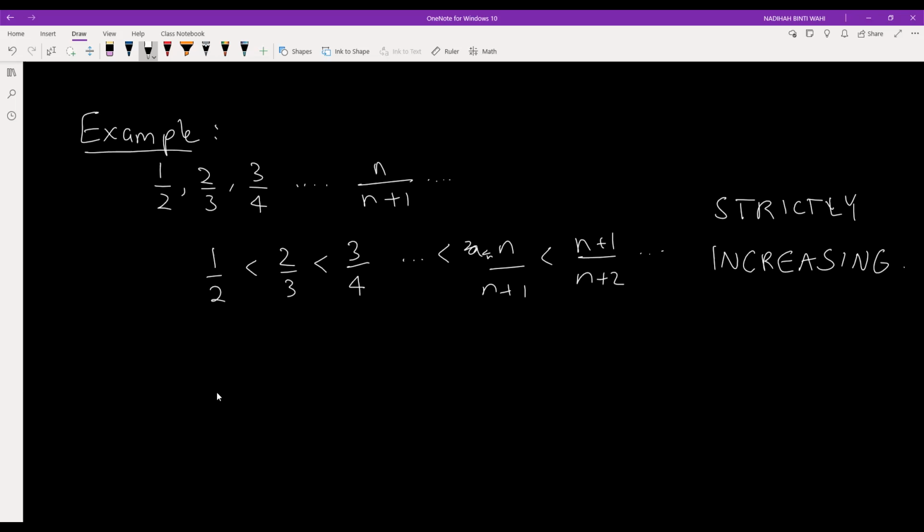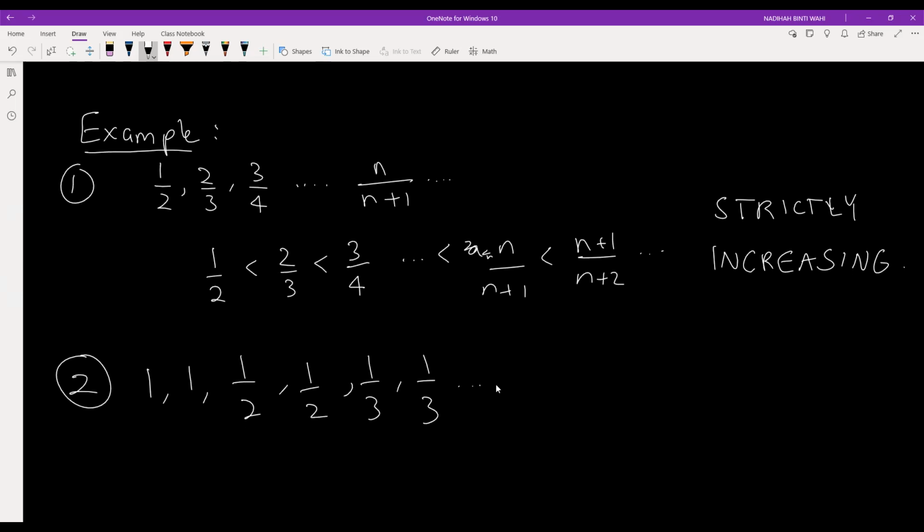Let's see another example. This is example number 1. Example number 2: if I have 1, 1, 1/2, 1/2, then 1/3, 1/3, and so on.